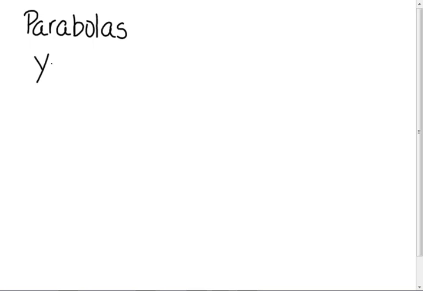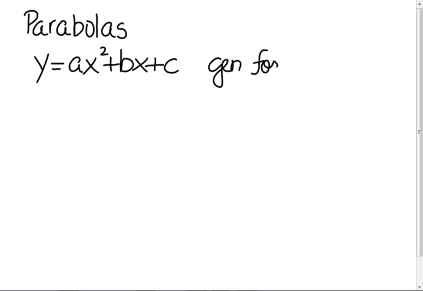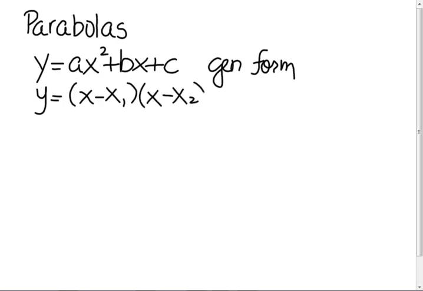And this is generally the equation for a parabola. That's why they call it the general form. Sometimes we're given the form to us factored, which is really nice. Now, factored means it's a product.